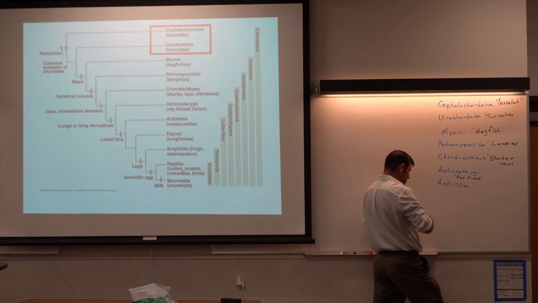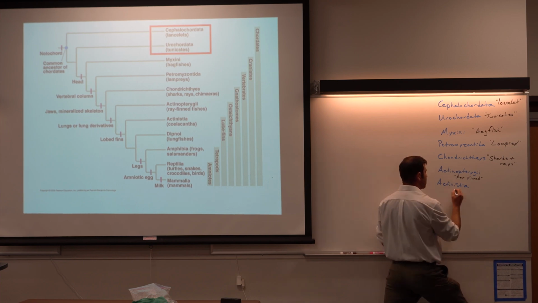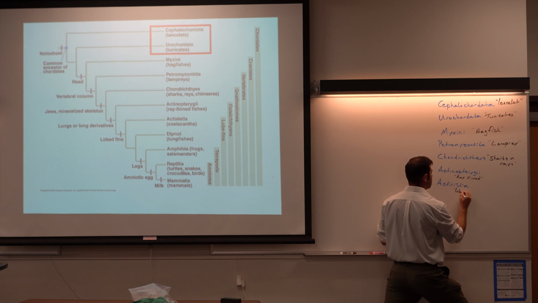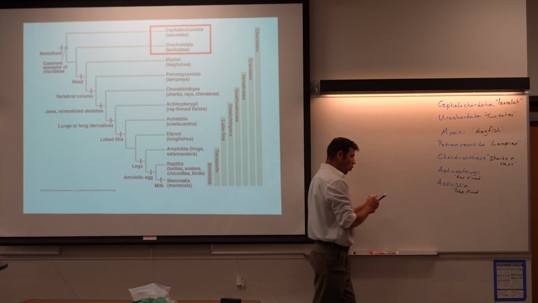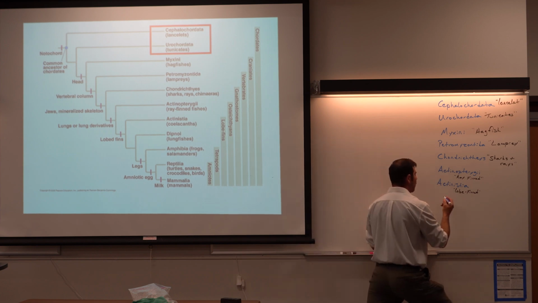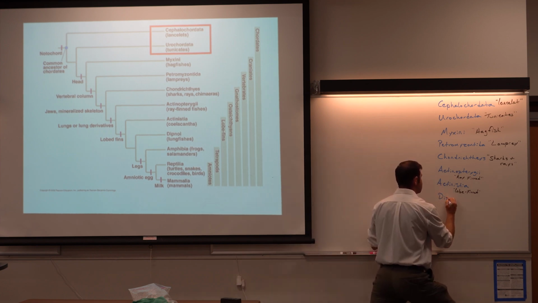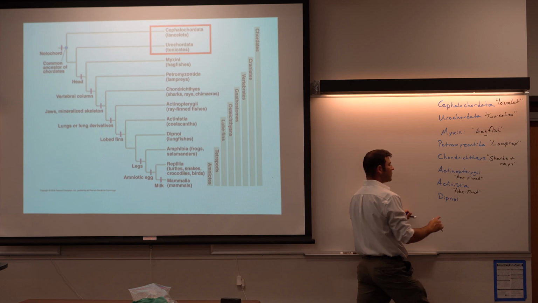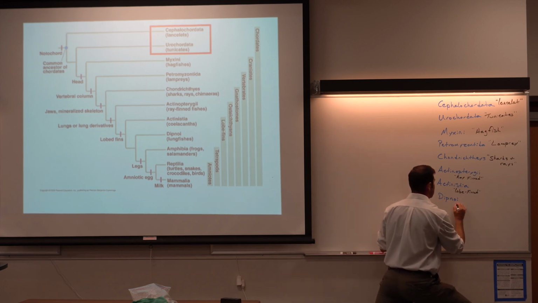Actinistia is also a group of fish, but these are the lobe-finned fish. We'll say lobe-finned. And then the third group is called Dipnoi. This class, Dipnoi, includes the lungfish.